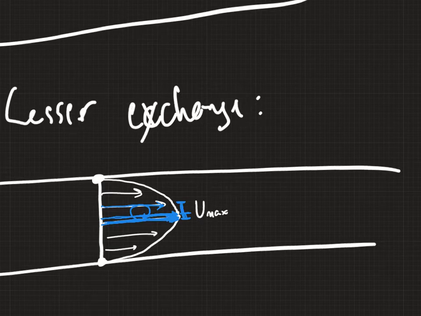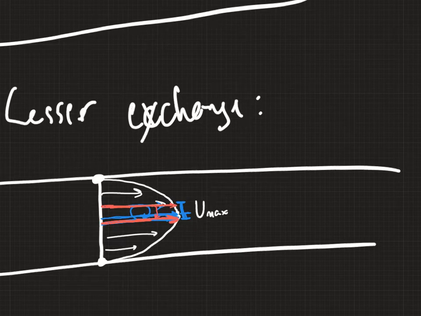So the fluid particles here have that momentum, and they carry it into this slower layer, and they speed it up a lot. However, this one jumps into the faster one, and it slows it down by a lot.